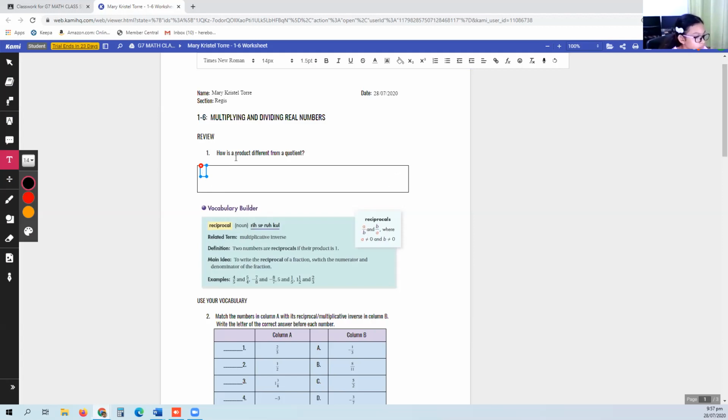You know what is a product, right? What is the operation you use when you get the product?